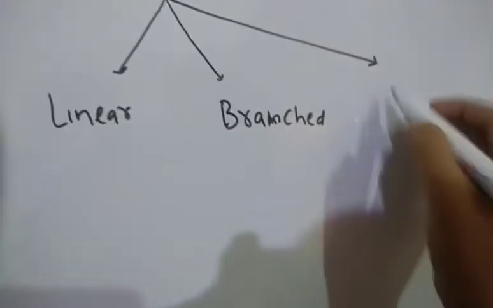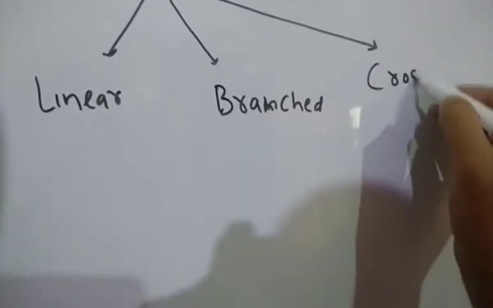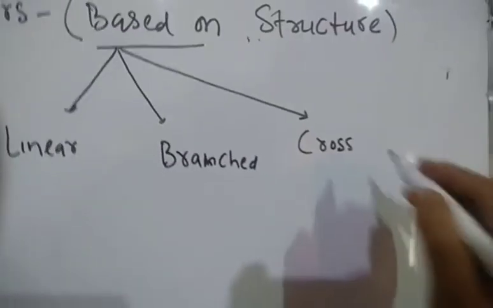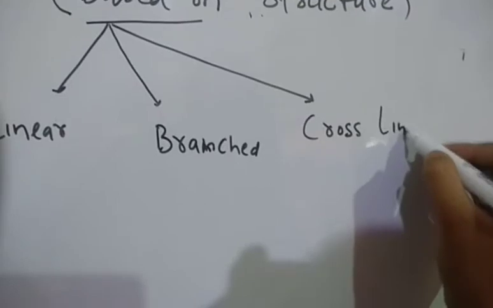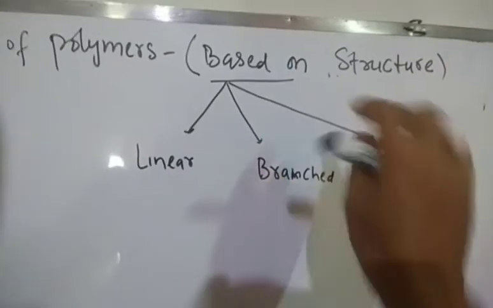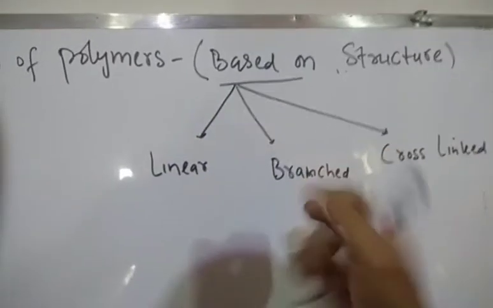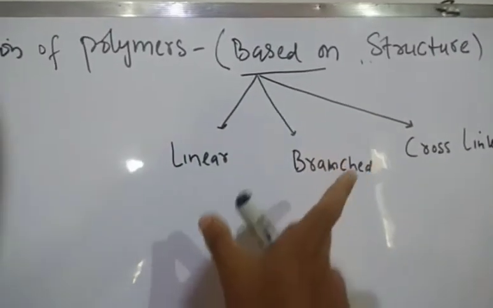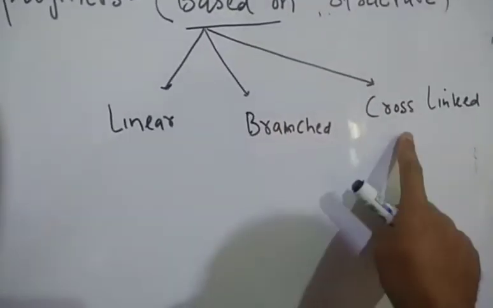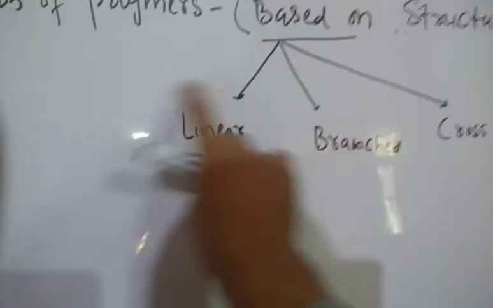And then last one, we can have cross-linked polymers. So structure की बुनियाद पर, structure के base पे कि polymers का structure कैसा है, we can have three types of polymers: linear polymer, a branched polymer, and a cross-linked polymer. Now we'll start with the linear polymer.